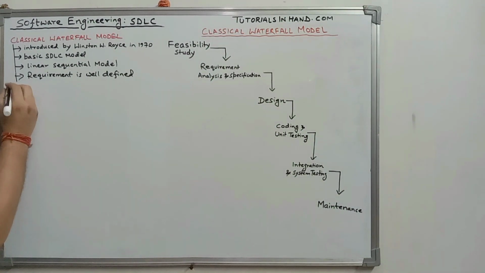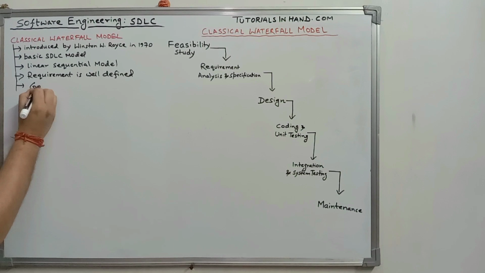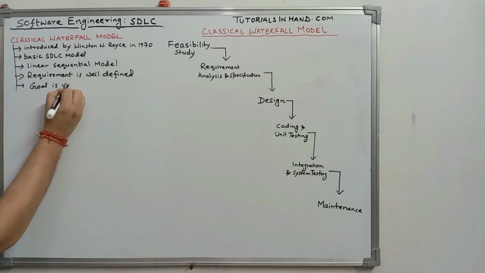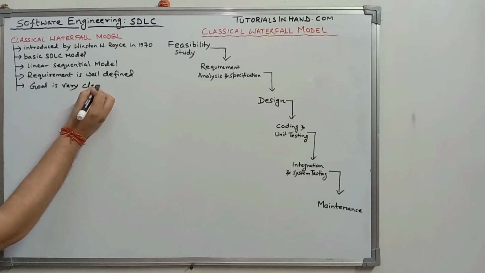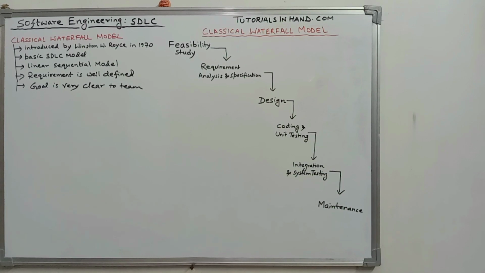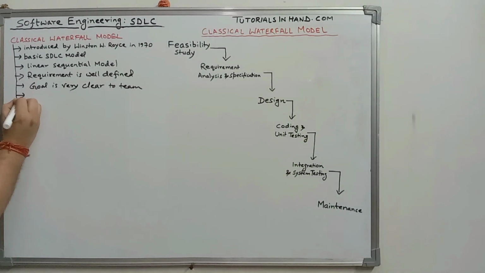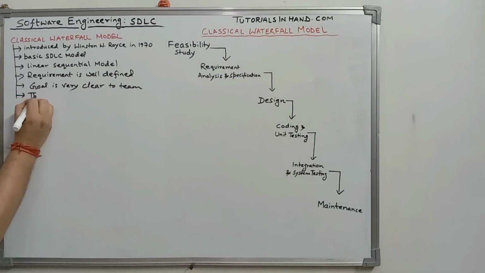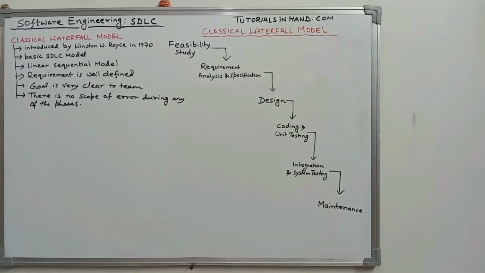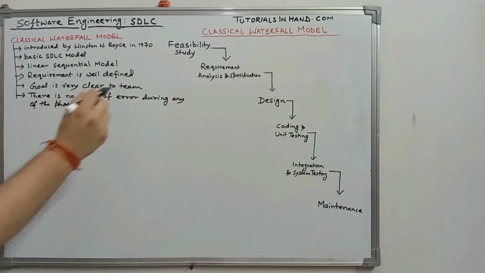So the requirement is clear, and as a result the goal is also very clear to the development team. At the same time, this model assumes that there is no scope of error during any of the phases.